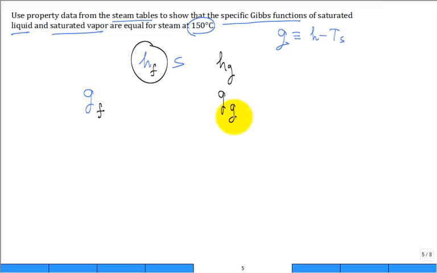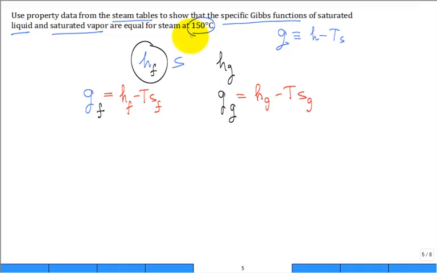Now, that's very confusing because g sub g looks just crazy, but it's the saturated vapor's specific Gibbs function. And g sub f sounds like a Gibbs function of formation, doesn't it? I'm sorry, but let's just do it this way. How would we calculate? We would say h of f minus T times s of f, and then compare that with h of g minus T times s of g.